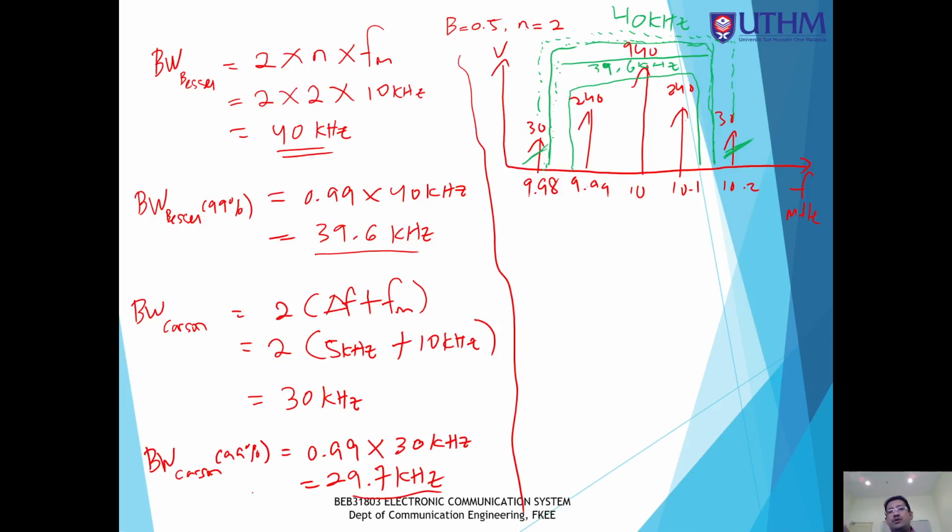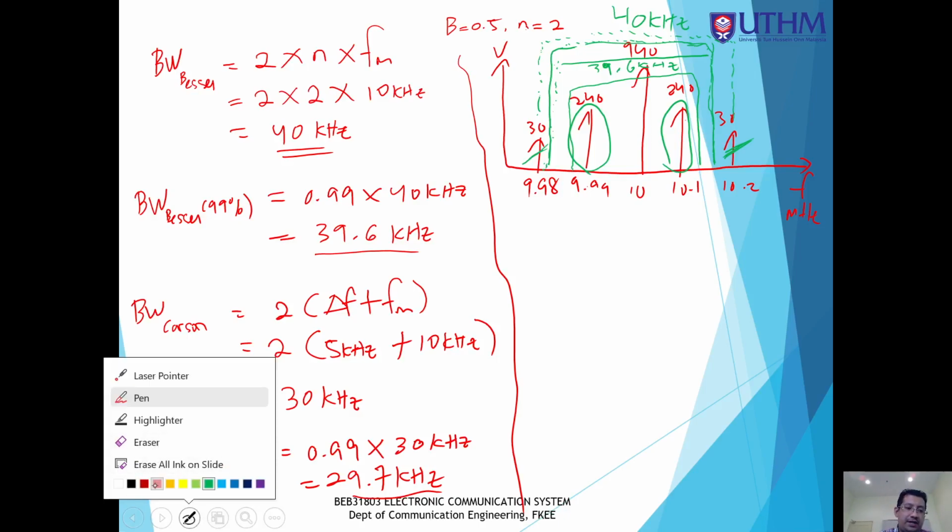So if you see from here, within the 99%, the smallest sideband would be this one. This is the smallest sideband, which is the first sideband, not the second. The question asks you to find the power in the smallest sideband.